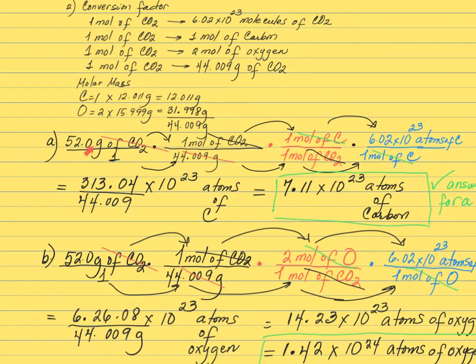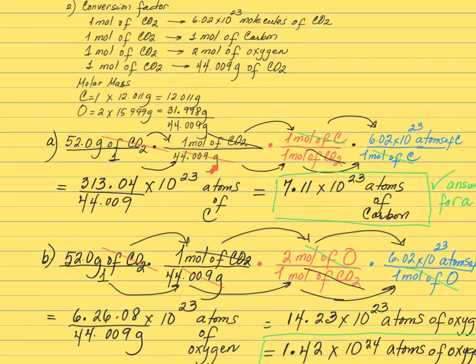In order to get rid of the grams, I'm not thinking about the final answer, I'm thinking about what I have. If I want to get rid of the grams, in my first conversion factor I need to have grams in my denominator.